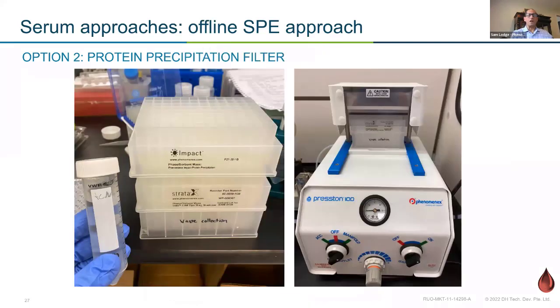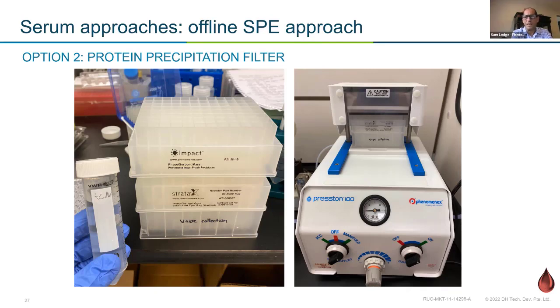This is a semi-automated version of the protein crash. Instead of doing it in a tube, you do it in a 96-well plate. It can be done, obviously, in a much more rapid fashion. What we've shown here is the Presto positive pressure manifold, which can also help with these 96-well plates, because they can be done on a negative vacuum manifold, or they can be done on a positive pressure.